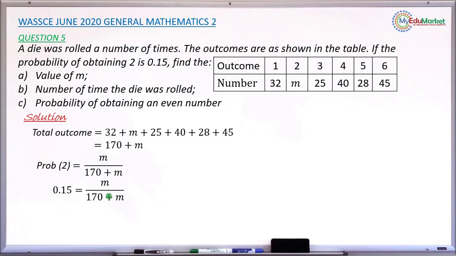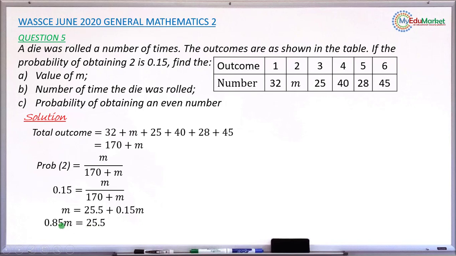We cross multiply. The m here multiplied by 1 at the bottom of 0.15, you have m on the left. Then 0.15 multiplied by 170 gives you 25.5, and 0.15 multiplied by m gives you 0.15m. Collecting like terms, 0.15m shifted to the left becomes minus, so you have 1m minus 0.15m. That gives 0.85m equals 25.5.